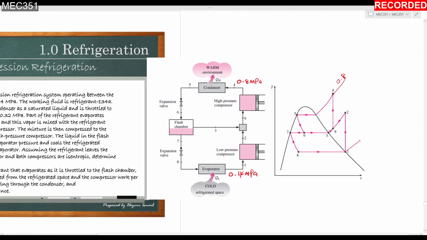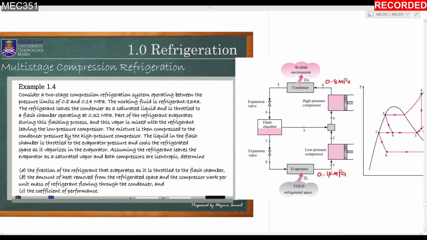The working fluid is refrigerant R134a. The refrigerant leaves the condenser as a saturated liquid and is throttled to a flash chamber operating at 0.32 MPa.